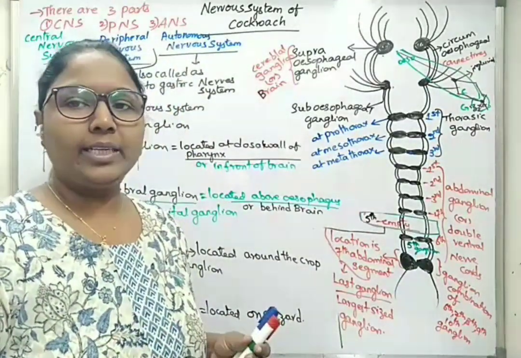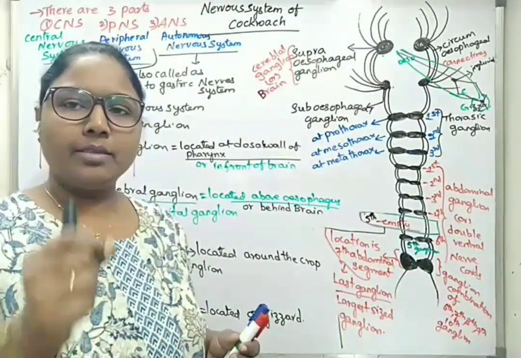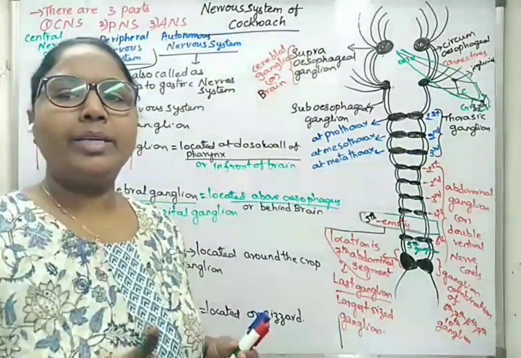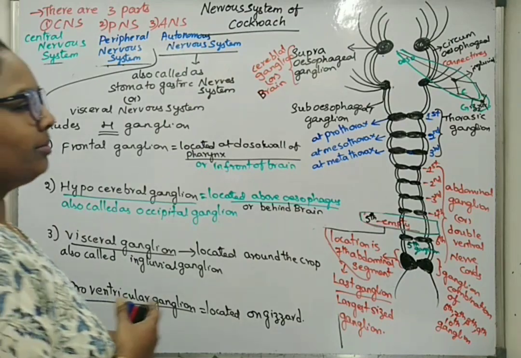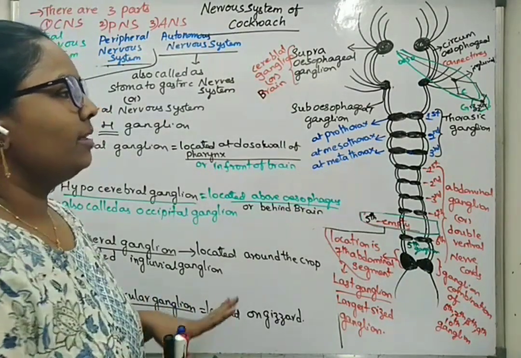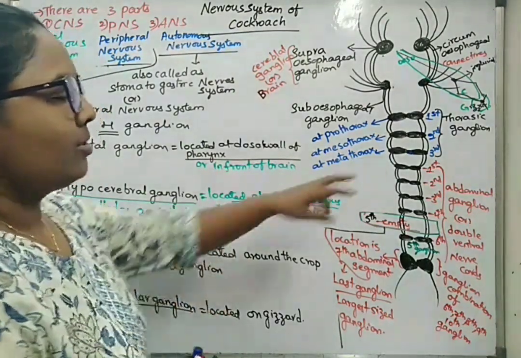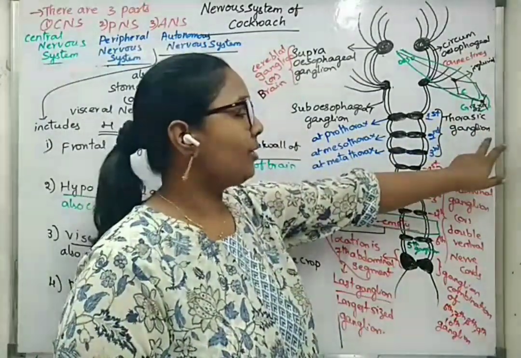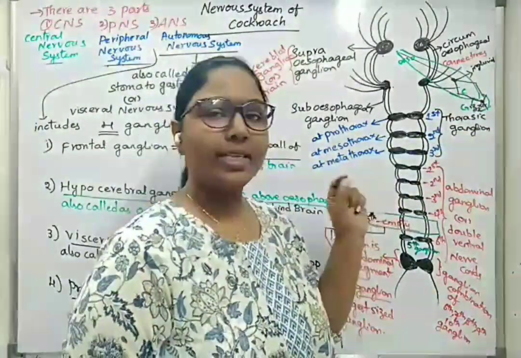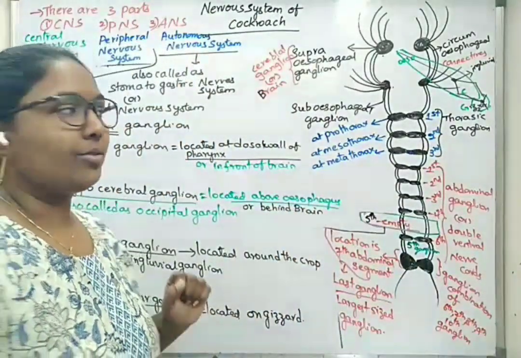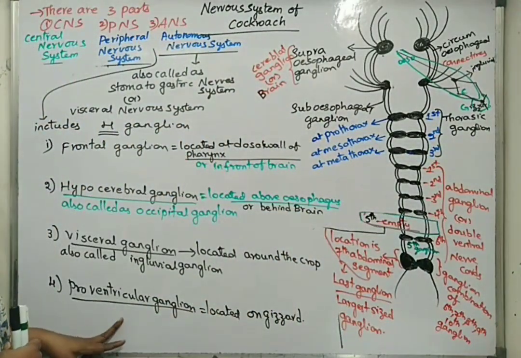Ventriculus means midgut, the middle part of the alimentary canal. So mesenteron or midgut is the term we use for the middle part of the alimentary canal, and that is called the ventriculus. So the gizzard is called the proventriculus. The ganglion present around or on the gizzard is called the proventricular ganglion. So these are important points related to the autonomic nervous system.